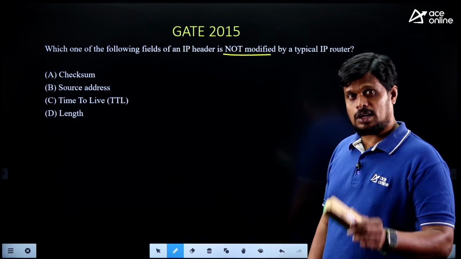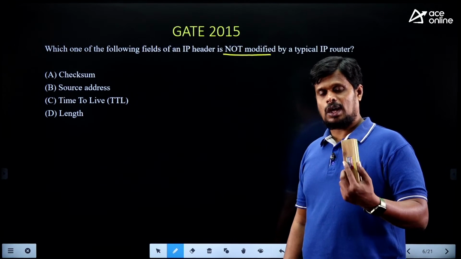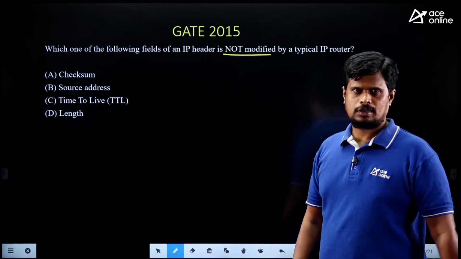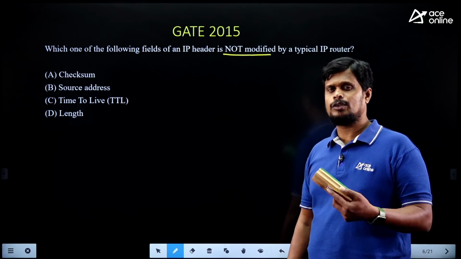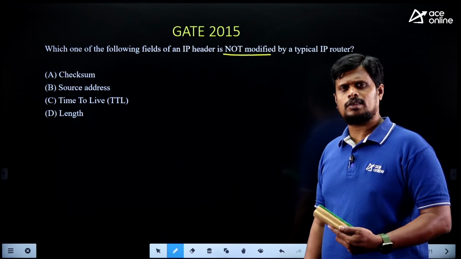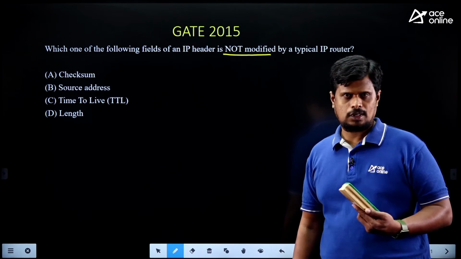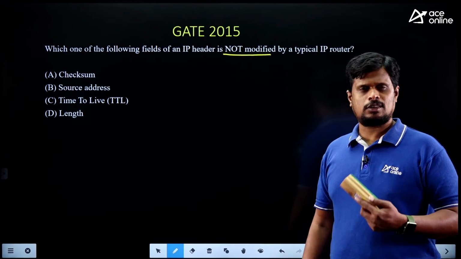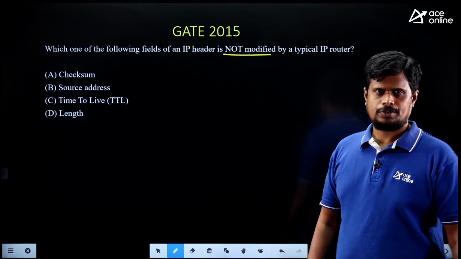IPv4 calculates the checksum for only the header, but TCP and UDP calculate the checksum for both header and data.